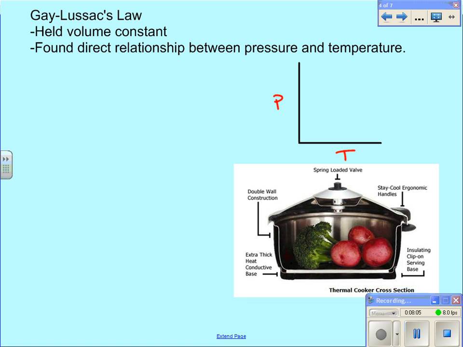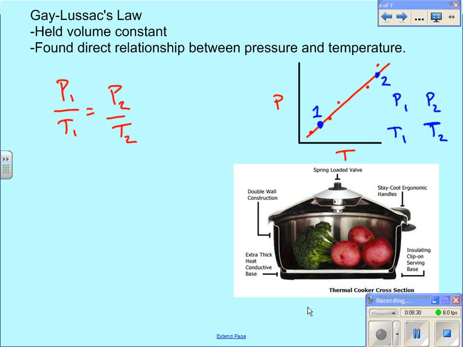As we start off at a low temperature, it's a low pressure. As we increase the temperature inside this pressure cooker, the pressure also gets larger and larger. So we again find that direct relationship. The mathematics is the same as the last slide, but the conclusion would look like this: P1 over T1 equals P2 over T2. The ratio is constant.